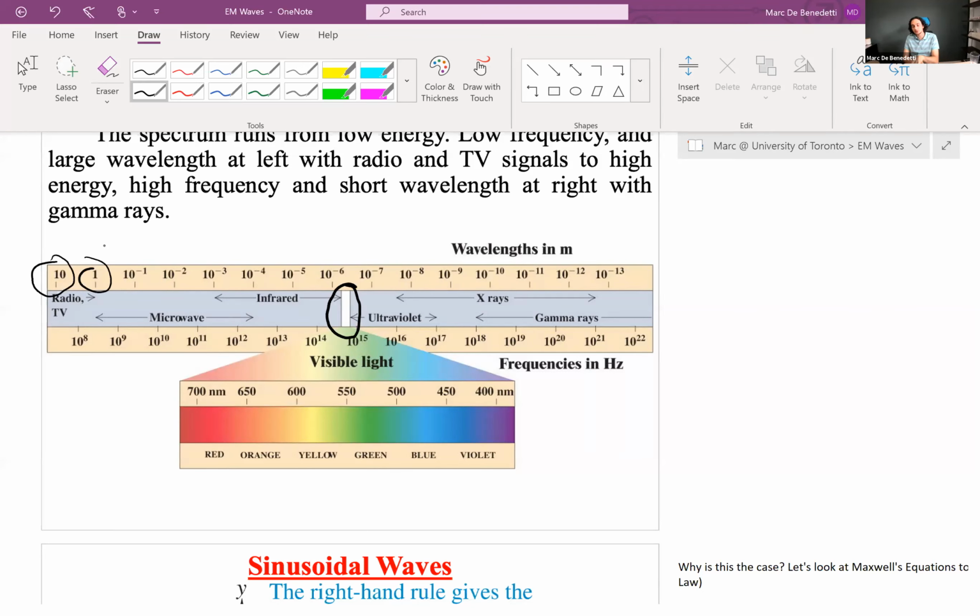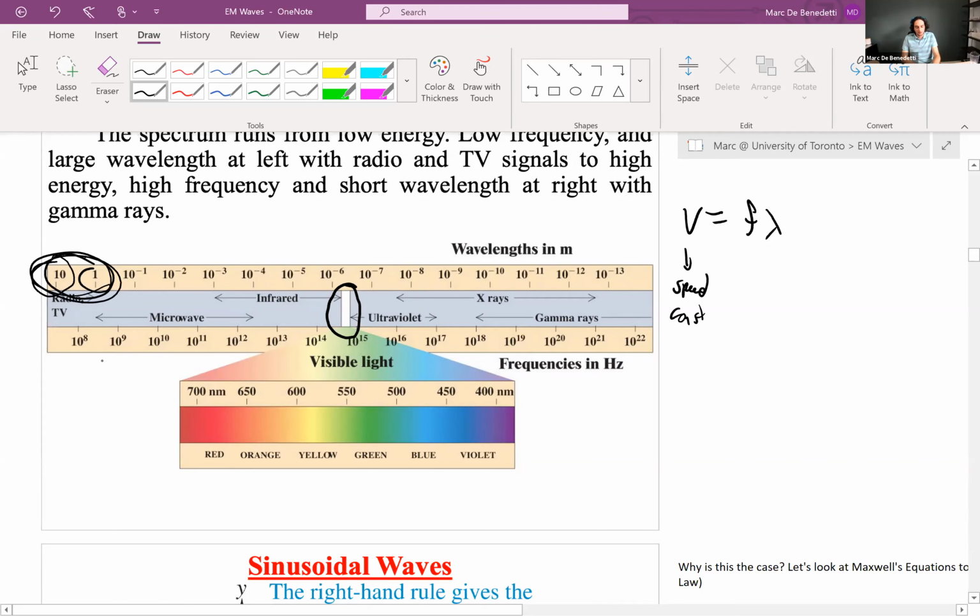In terms of frequencies, don't forget this equation, v equals f lambda. This is the speed, which is a constant, which means if lambda is really big, then frequency is really small, and vice versa, because the product has to be a constant. So here, if the wavelength is fairly large, the frequency is going to be fairly small.